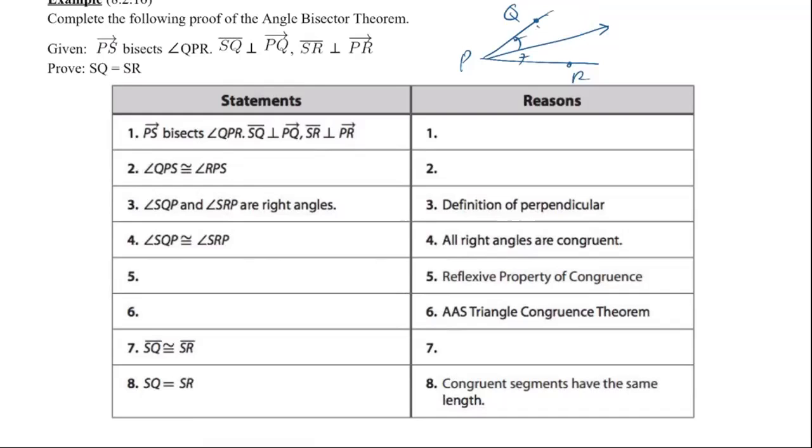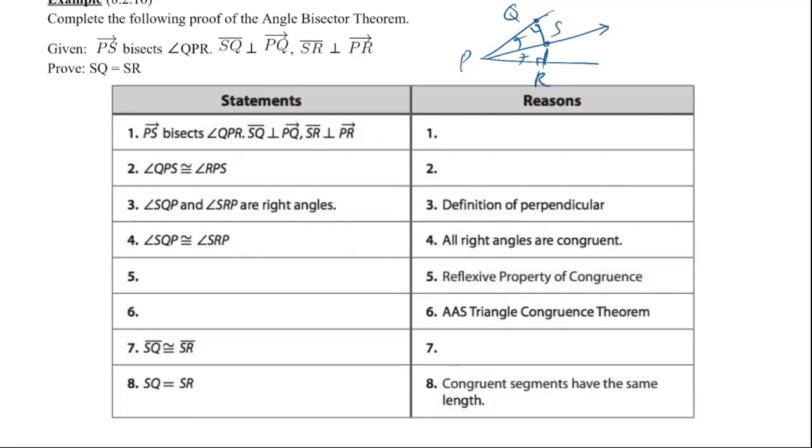Hold on. SQ and PQ perpendicular. So it's like this. So that is point S. And it is also saying that SR is perpendicular to PR. So point R must be here. Okay. So that is 90 degrees right there. All right, so we drew a picture.